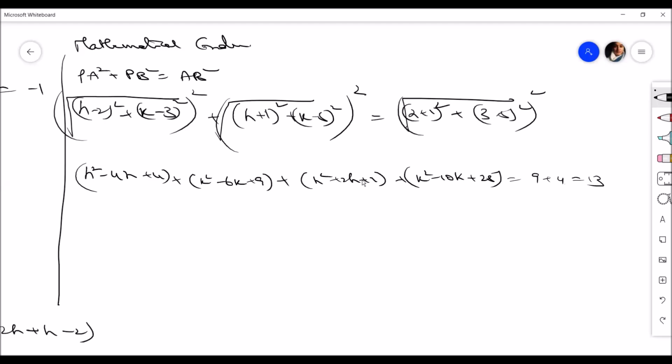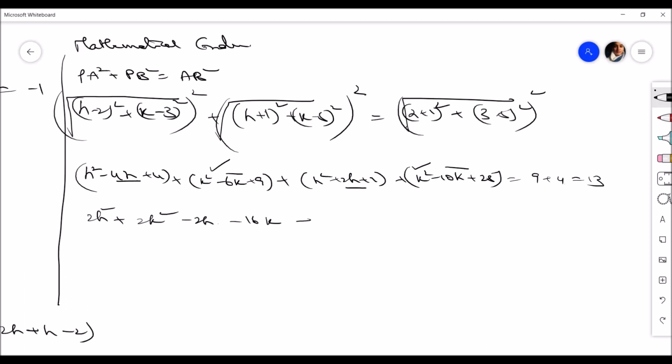Any doubts? Anybody? So just add up all the like terms. h square plus h square will give you 2h square, k square plus k square will give you 2k square. Minus 4h and then minus 2h will give you minus 6h, then minus 6k minus 10k will give you minus 16k.